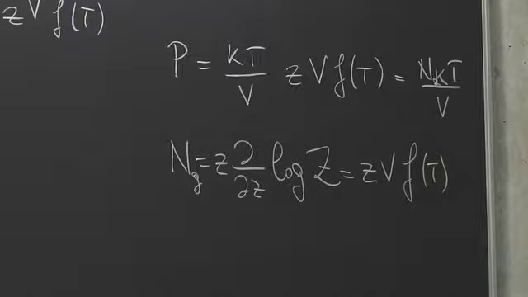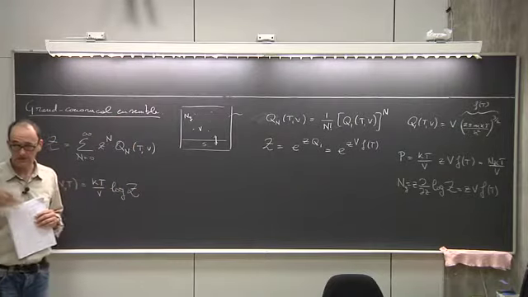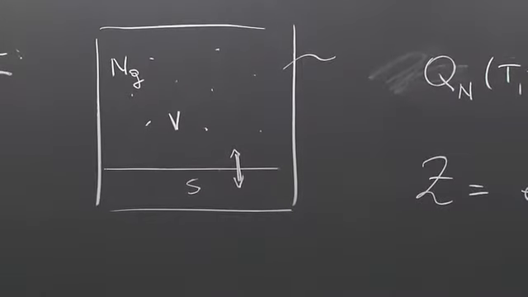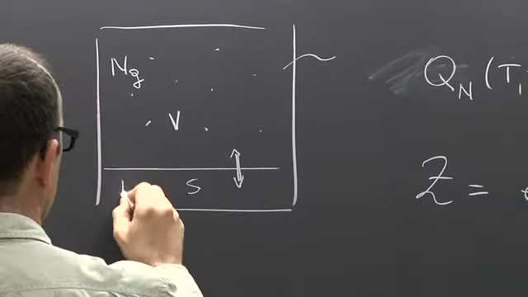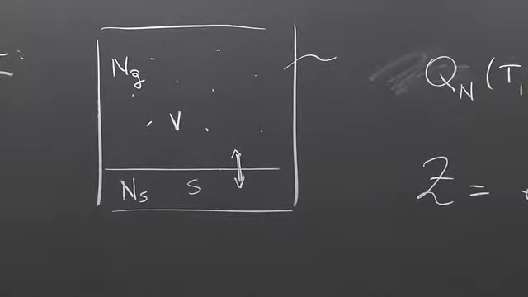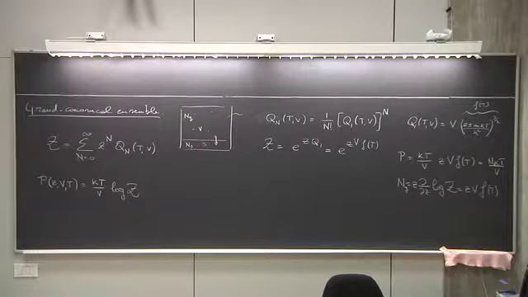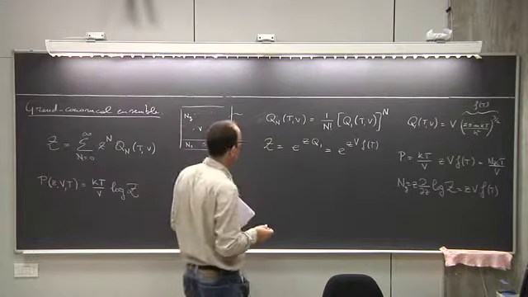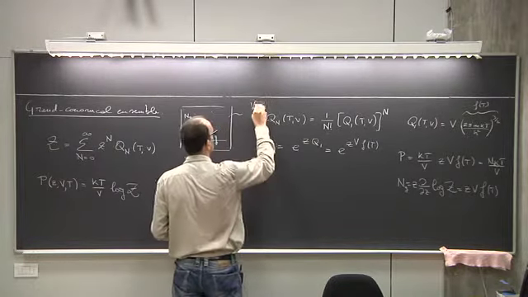So there will be a number of particles in the gas phase, but these are in equilibrium with the solid. So there will also be a number of particles in the solid phase, and these two should be in equilibrium. So this is the vapor.